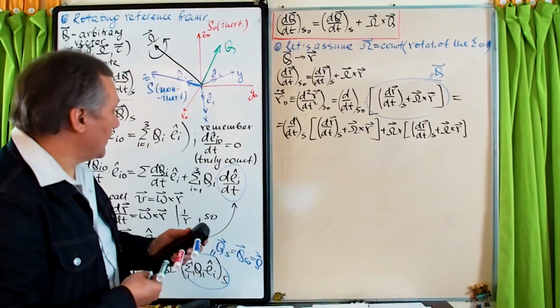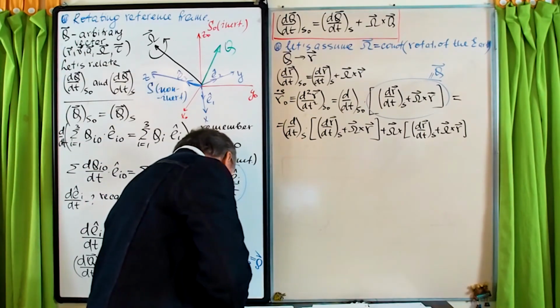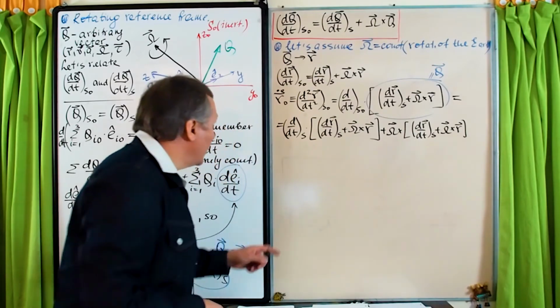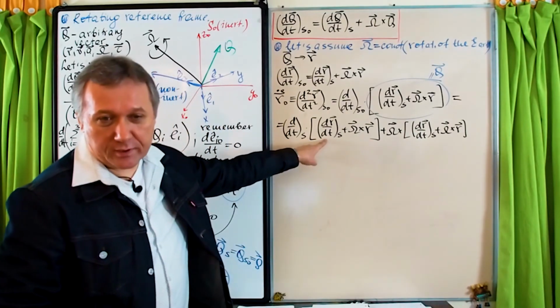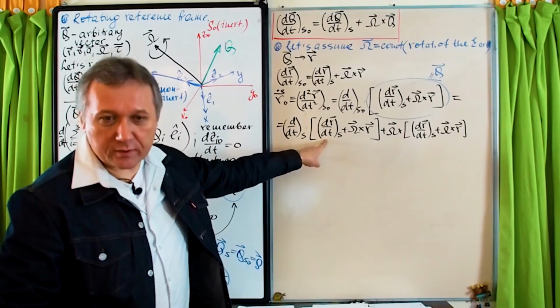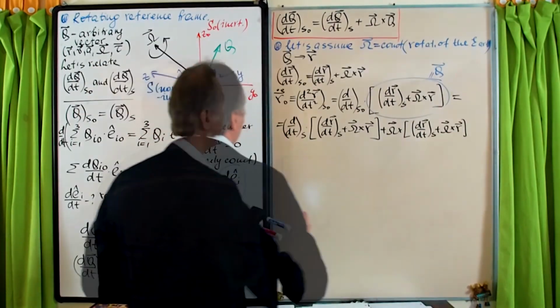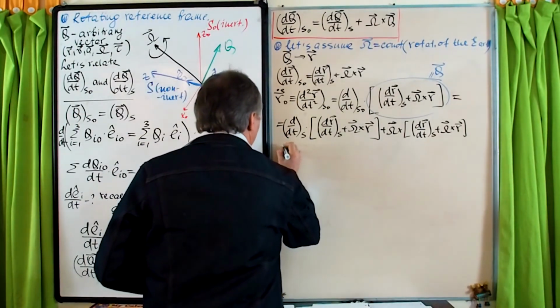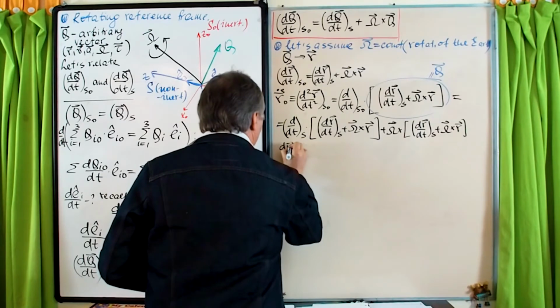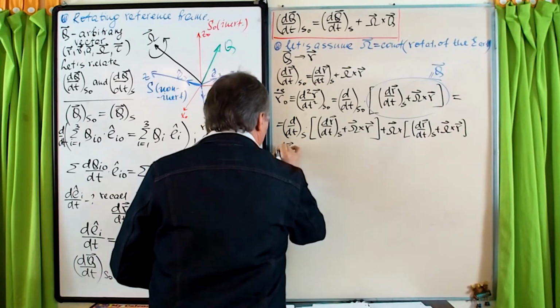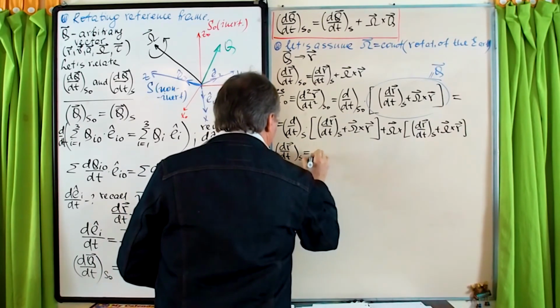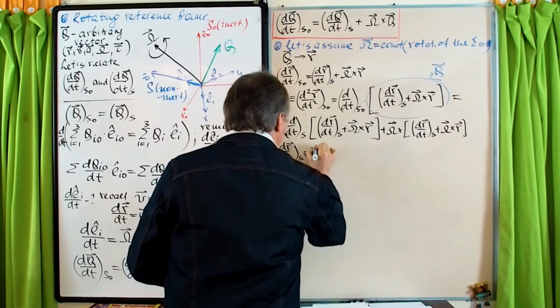And we're going to use also what? dr over dt is just r dot without subscript 0. So probably I will write here underneath, dr over dt, of course, in S, let me denote it as r dot.